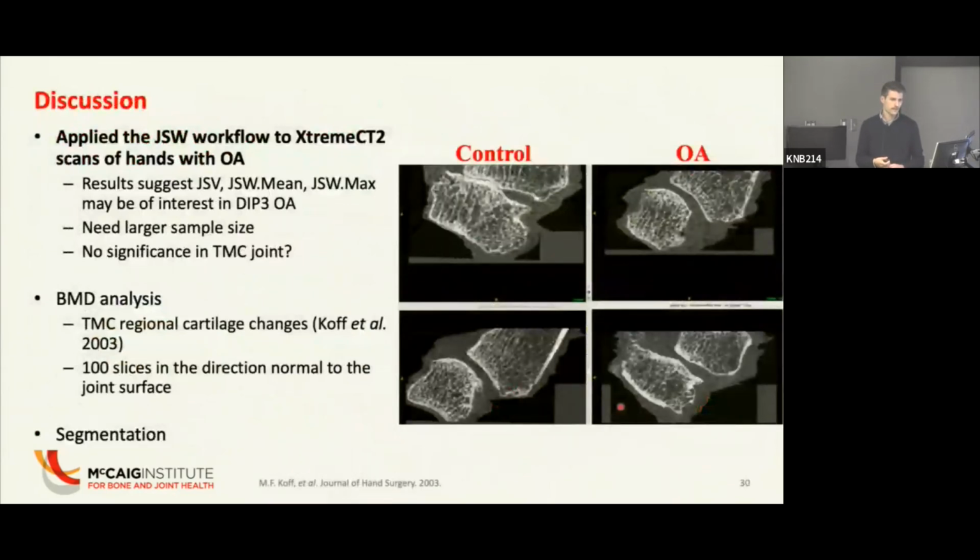Is that kind of what you were looking for? Do you see thicker subchondral bone in the OA? Yeah, we haven't quantified that. Just looking at these images, the control here definitely looks worse than the matched OA participant. But now that we have some scoring of these, I'm going to take a deeper look at the TMC joints, because we are seeing kind of mixed results for some of our statistics on the TMC joint, at least in this study.